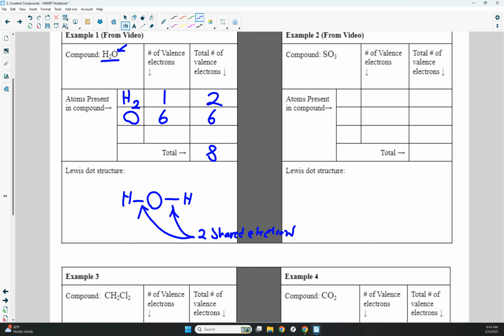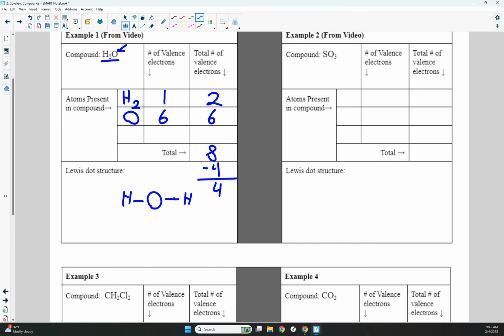So each line, one more time, represents 2 shared electrons. So at this point, we have used 4 of our 8 valence electrons. So I'm going to do a little counting over here. I suggest you always do the same when you're solving these kinds of problems. That leaves us with 4 valence electrons to use.